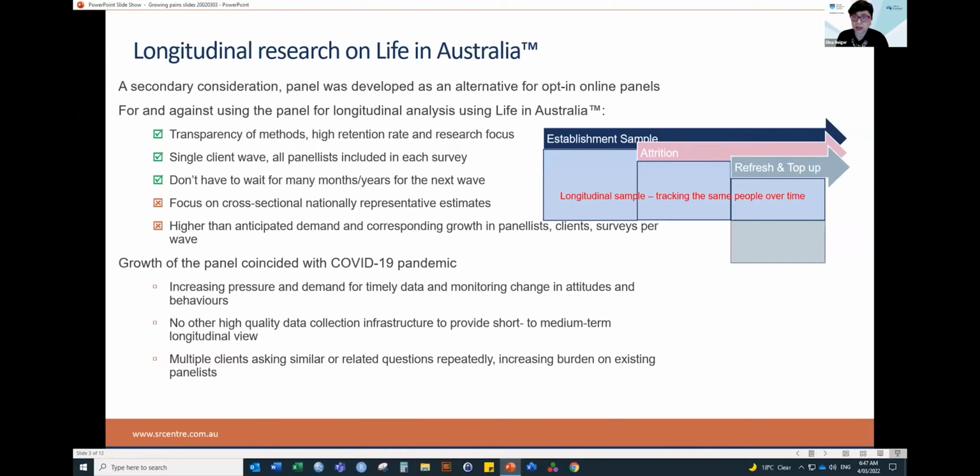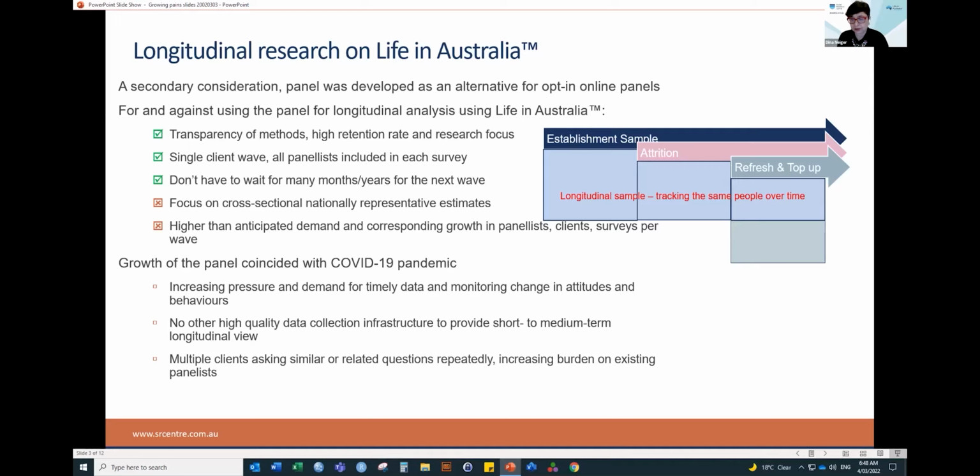So in an online probability panel space, we found ourselves being a little bit in the middle. We do have respondents who are very committed to the research that we are doing, and I think Sebastian and Paul will probably talk about it later in the presentation. So they do stay over time. We're careful about maintaining their response and keeping them in. But the panel is also set up as an alternative, as a high quality mechanism or platform for cross-sectional online research.